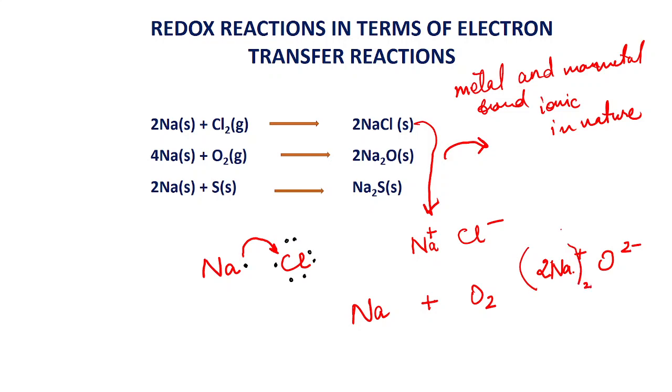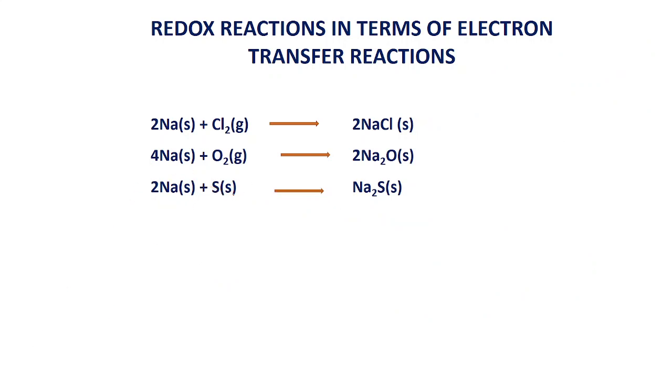In this case also you are seeing that the transfer of electron is occurring. Similarly in case of sulfur also you can see that two sodiums are there. It means that two electrons are lost, and those two electrons are accepted by the sulfur atom. In each of the cases this metal is donating electrons to the non-metal.